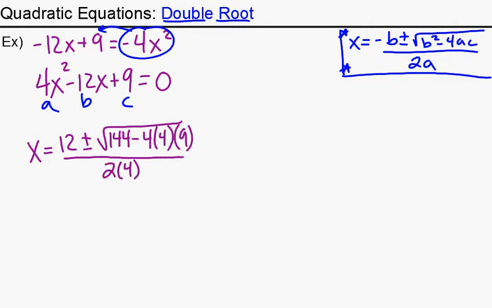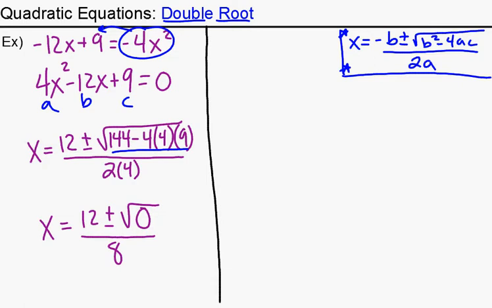all over 2 times 4. And something a little bit different is going to happen here with the number underneath the square root, what I call the discriminant. When I put that on the calculator or figure it all out, I'm going to get x equals 12 plus or minus the square root of 0 all over 8, which is fine. 0 is a number. We can deal with 0 like we would any other number.